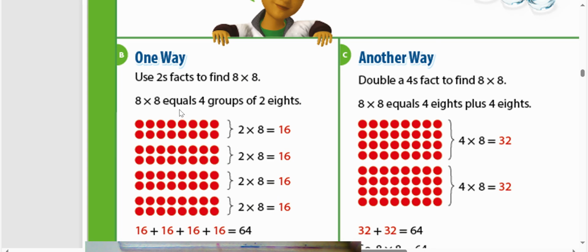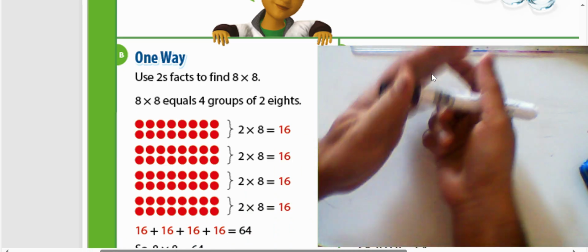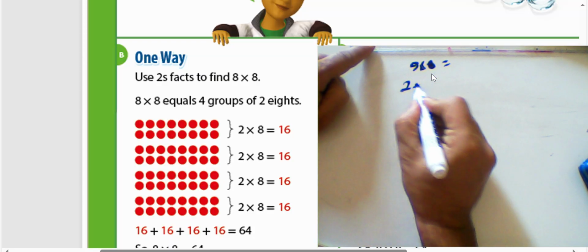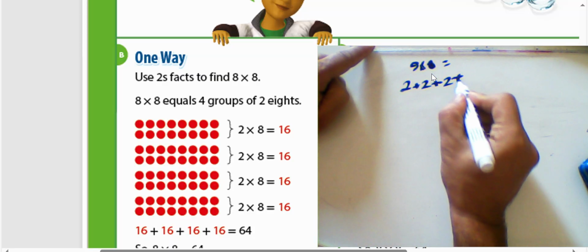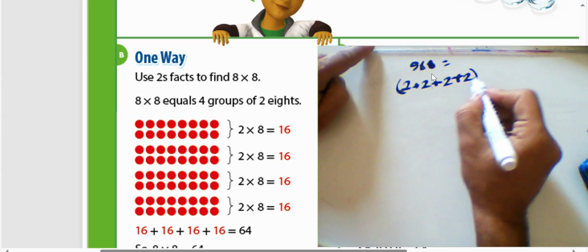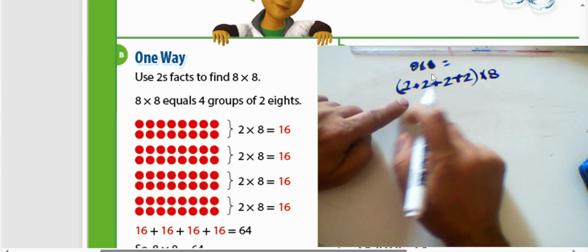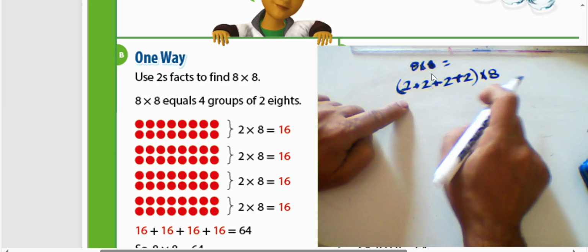So you can find the result by dividing 8 equals 2 plus 2 plus 2 plus 2. How many times? 4 times. Look at here, 8 times 8. We can write 2 plus 2 plus 2 plus 2, product by 8. Okay, using distributive properties, 2 times 8 is 16, 16, 16, 16.